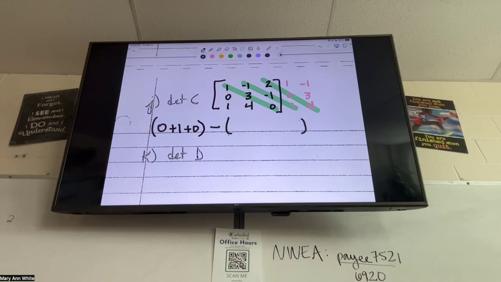And so now I'm gonna start in the bottom corner over here and multiply that and that and that together. So 1 times 3 times 2 is gonna be 6. 4 times -1 times 1 is gonna be -4. And then 0 times 0 times 1 is gonna be 0.